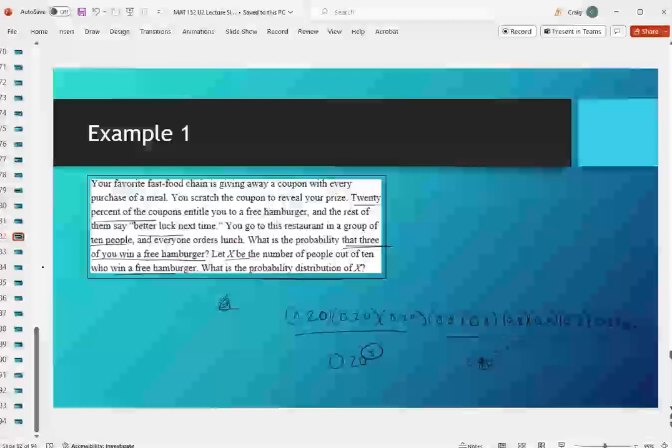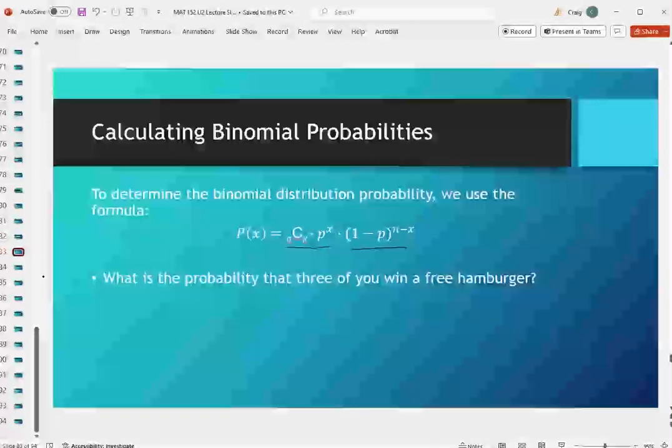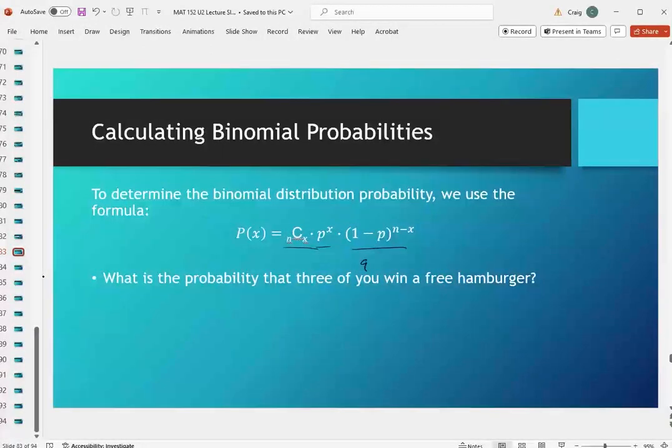This power is always the total minus x, minus the number of successes. It's the number of failures. That's where these come from. Once again, you can sometimes see this as Q, which makes it a little easier to write.